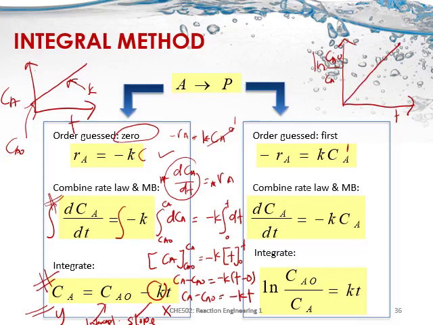Okay. This equation also can be represented as, if you write ln CA over CA naught, then you'll have the negative sign. It doesn't matter. This is just mathematics. Whatever plot that you are going to prepare later, obviously the slope is negative, but at the end, the value of K should be a positive value. Alright.